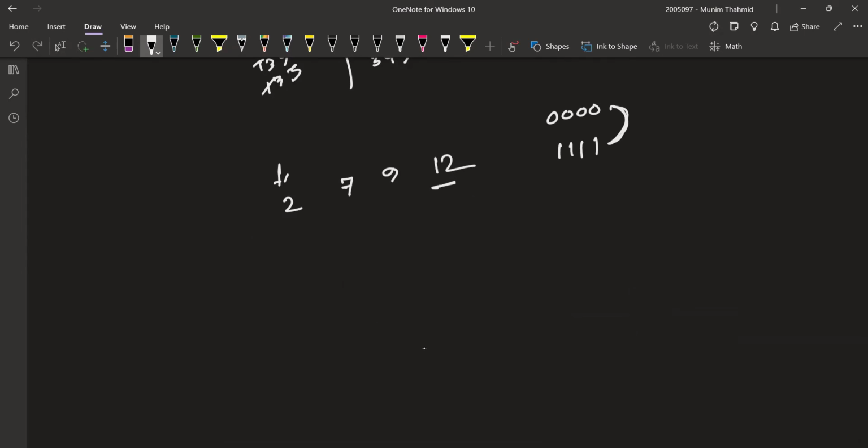So can I do it this way? If 0, 0, 0 is possible, if I arrange every single number in its binary form, this is the first digit, second digit, third digit, fourth digit.